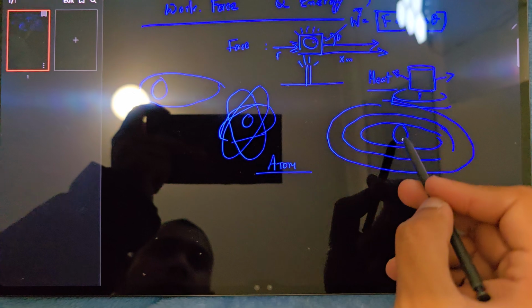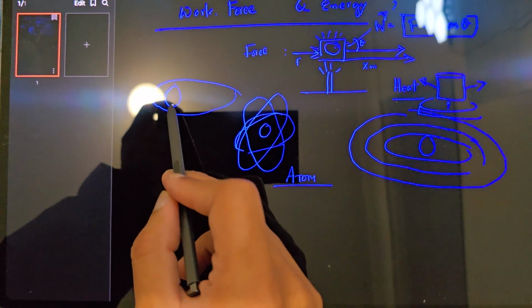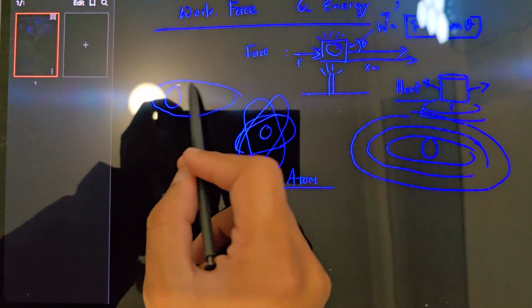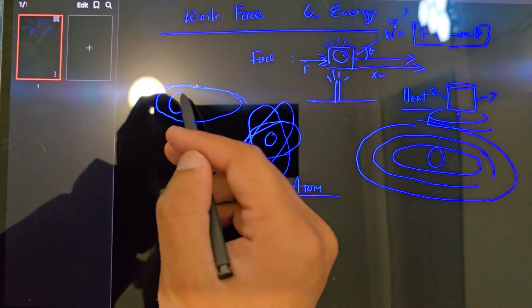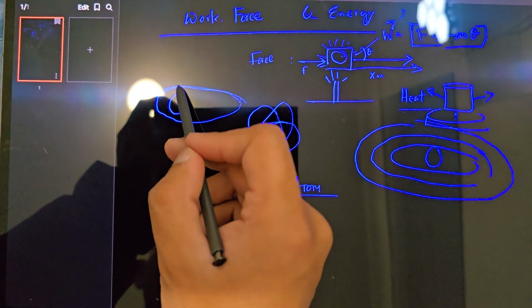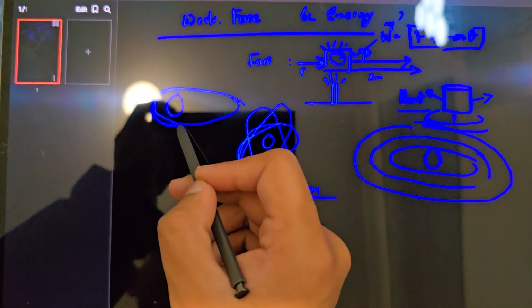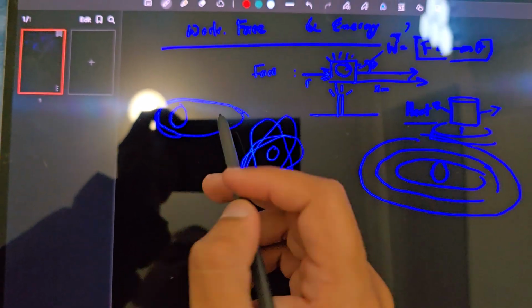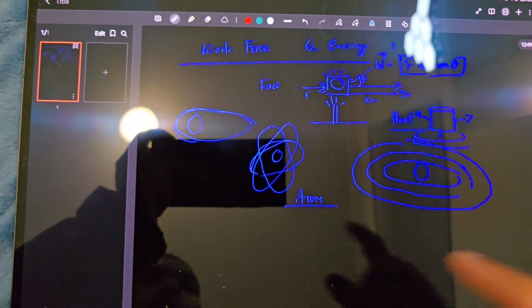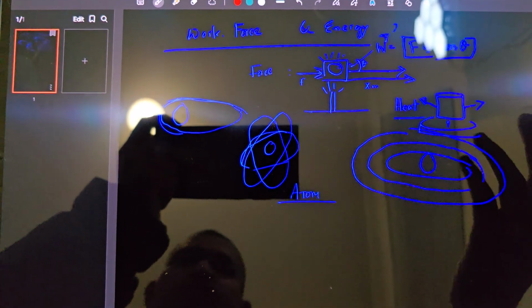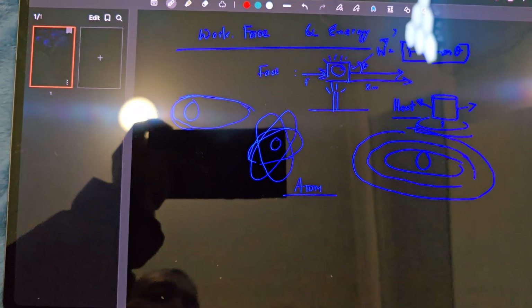The sun stays off to a side, and at some points the planet comes closer to the sun, and when it comes closer, it moves much faster over the same stretch. It's like playing with a yo-yo or a spinner.